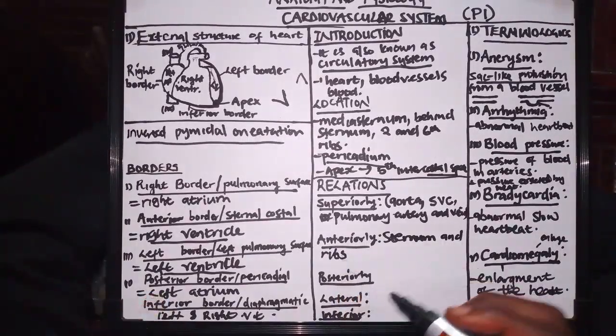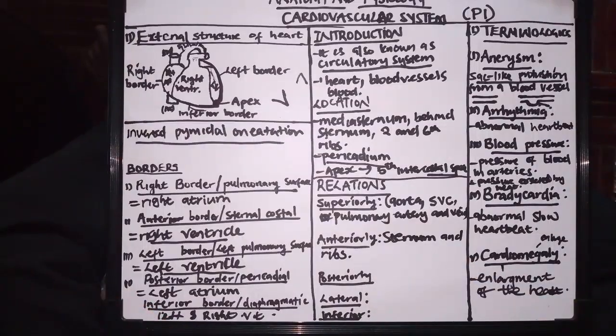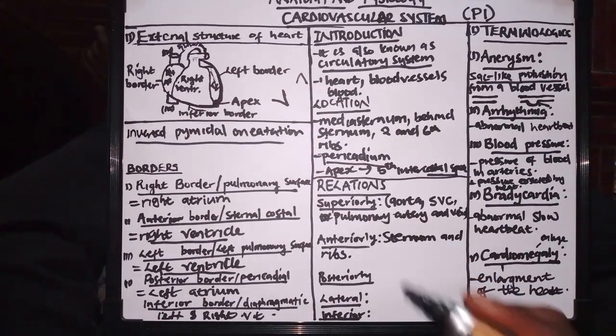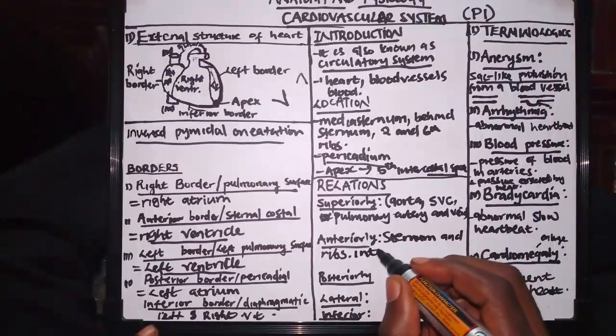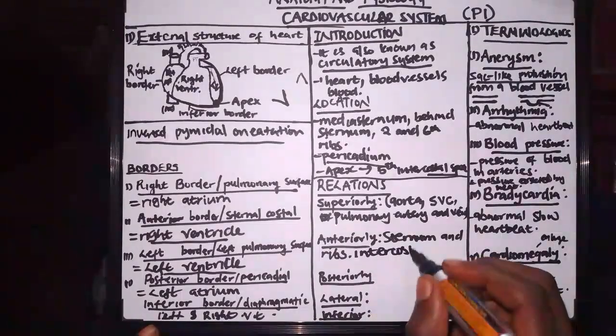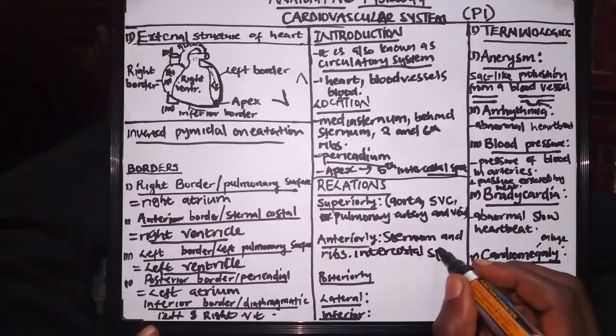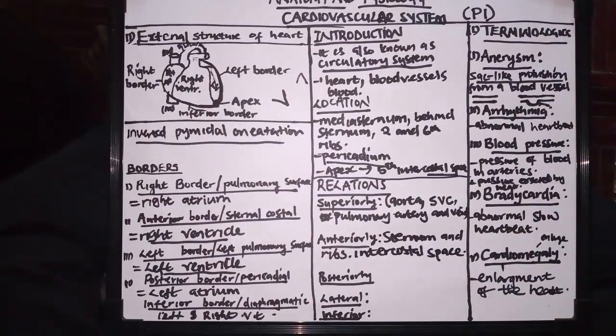And I told you that between the ribs we also have the intercostal space. So these are the structures which are present anterior of the heart.